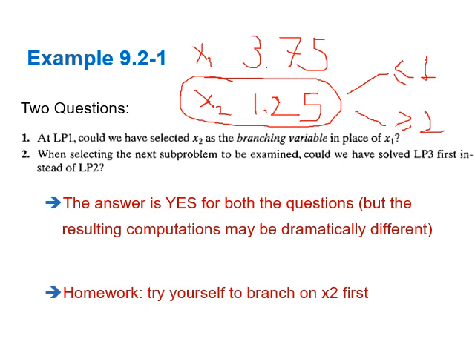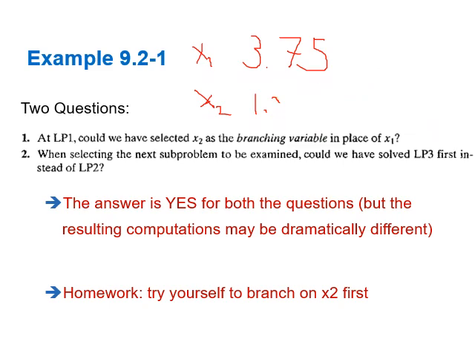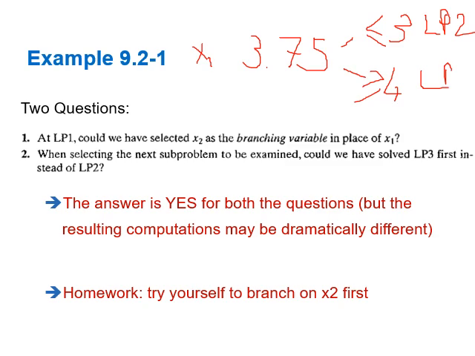The second question is this. Okay, we decided on branching on x1, and we included x1 less than or equal to 3 and x1 greater than or equal to 4. And we said that this one is LP2, and when it's greater than or equal to 4, it is LP3.